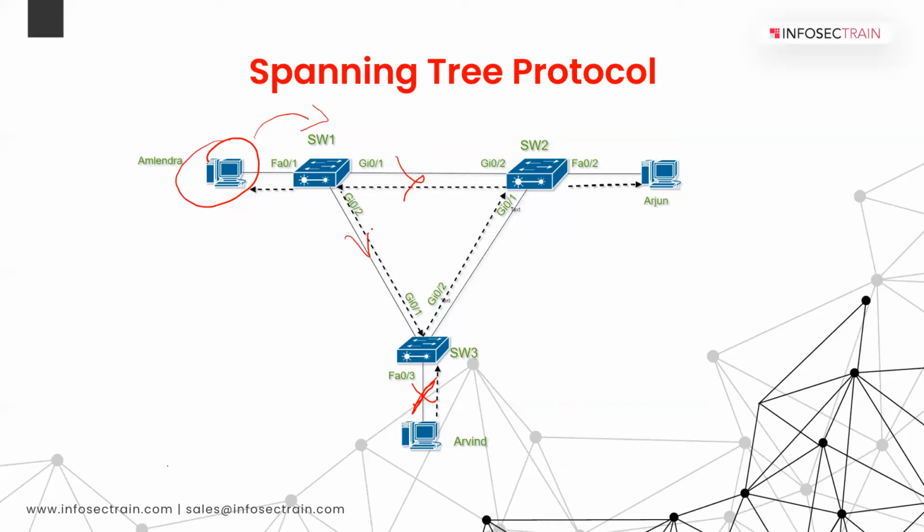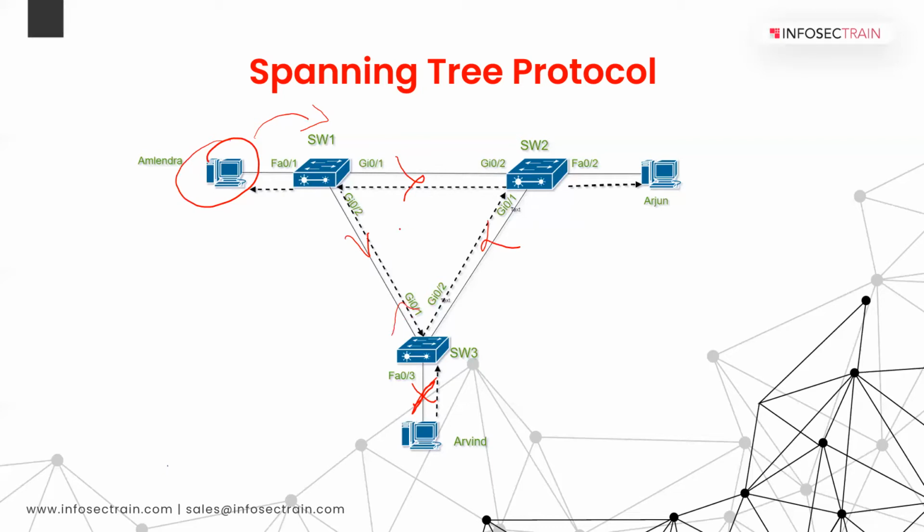Now the data will reach switch 2. What will switch 2 do? It will check its CAM table to see whether anyone with the name Arvind is connected to it. It will say no, and it will directly forward that data to switch 3. Likewise, switch 3 will get that data and forward it.